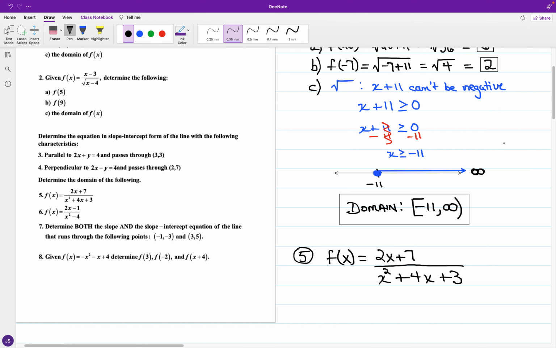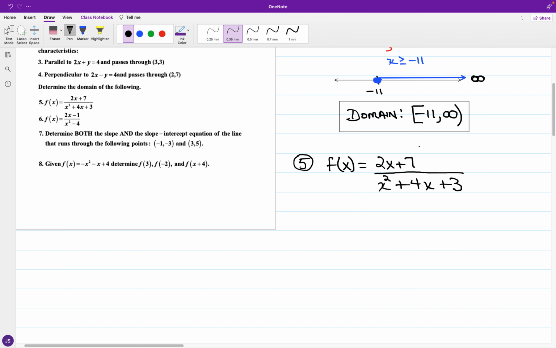And again, for a rational function, we cannot have a zero-valued denominator. So the restriction here, now we've got a couple of x expressions. 2x plus 7 can be 0 as long as it does not create a zero denominator. So the restriction lies with the denominator, x squared plus 4x plus 3.